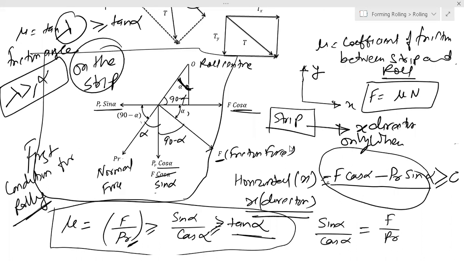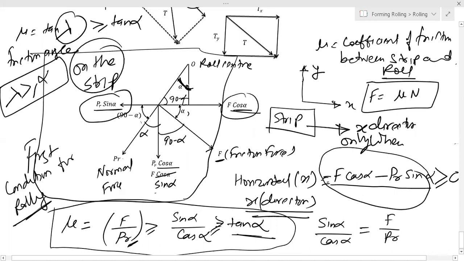This is your PR sin alpha, and this is F cos alpha. So the net force in x direction.